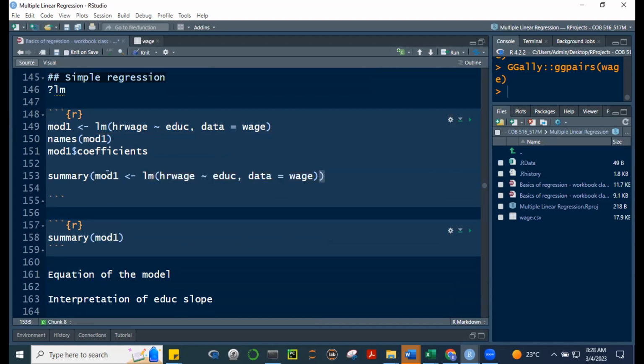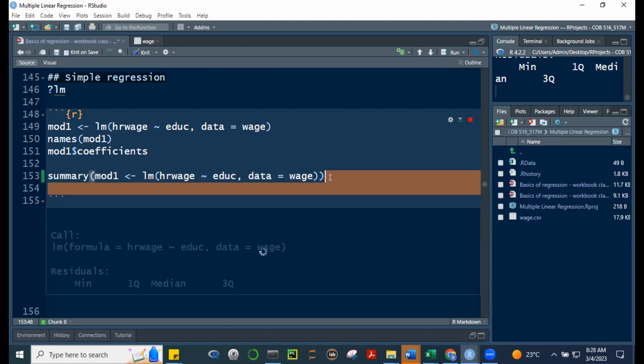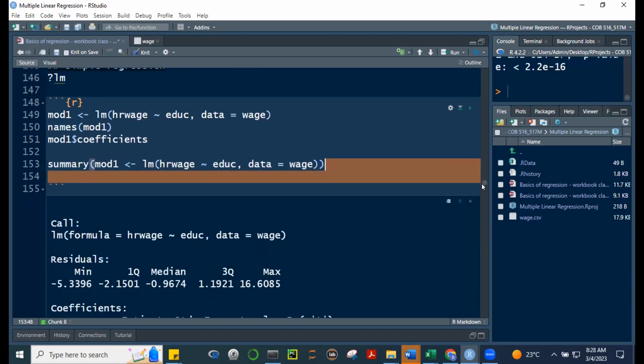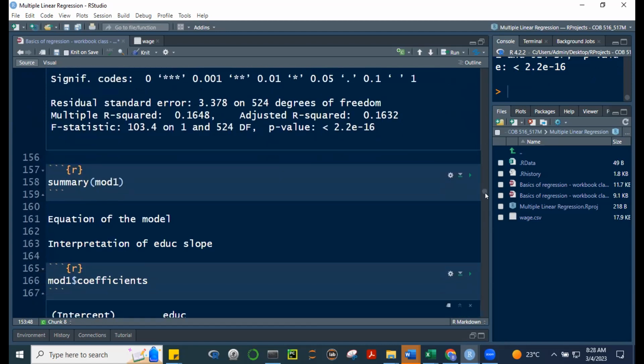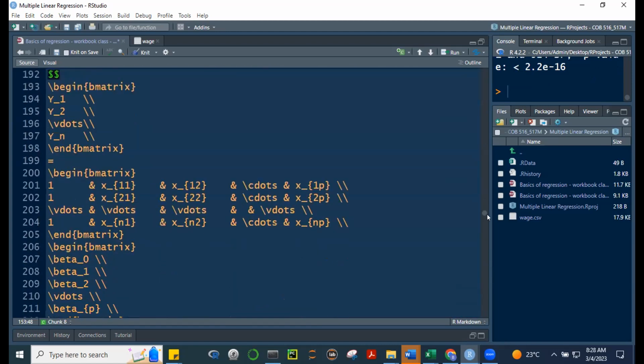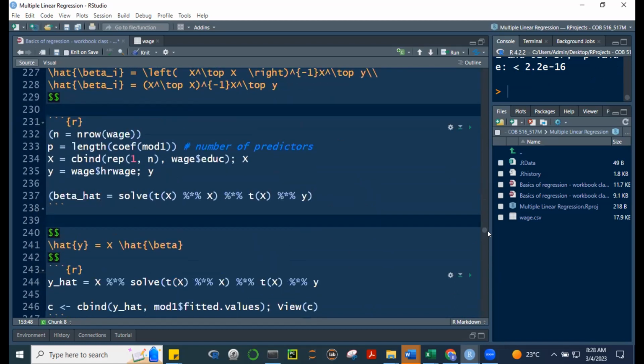Then we create this object mod1, and then I put it inside summary, so that it will automatically generate the result of this model. Okay, so this is where we stopped last time. We interpreted this. I'm not going to interpret this again because we're going to go to a multiple linear regression, and that's what we're going to interpret now. All right. So let's now go to the next one.